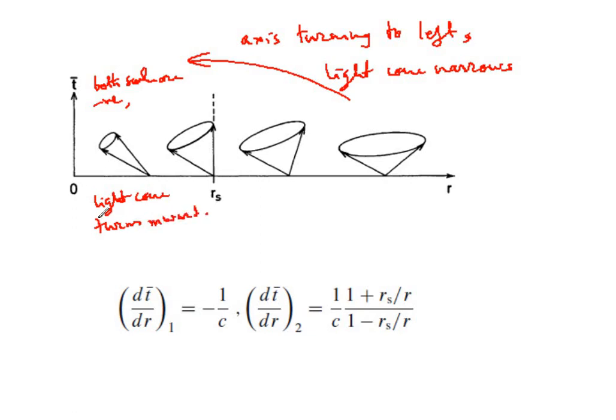Therefore inside rs, all radiation together with all material particles, which can move only inside the light cones, is drawn towards the center. This means that no static solution is possible inside rs, because it would require a motion vertically upward in this figure, which is outside the light cone. Understand?